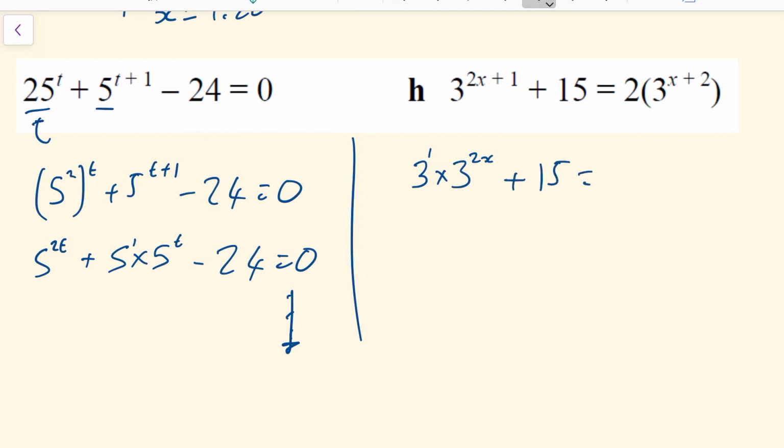Our 15 is obviously 15, and our 2 times 3 squared times 3 to the power of x would be there. I think what you can do is try to tie that up and apply the above method to complete these two harder ones. I would say that these two are both extension questions, but could be seen on the new syllabus.